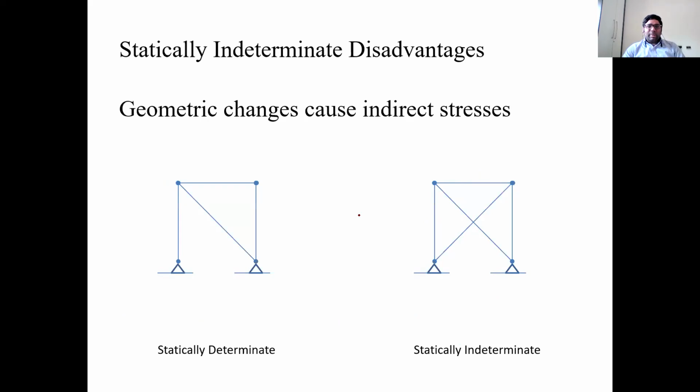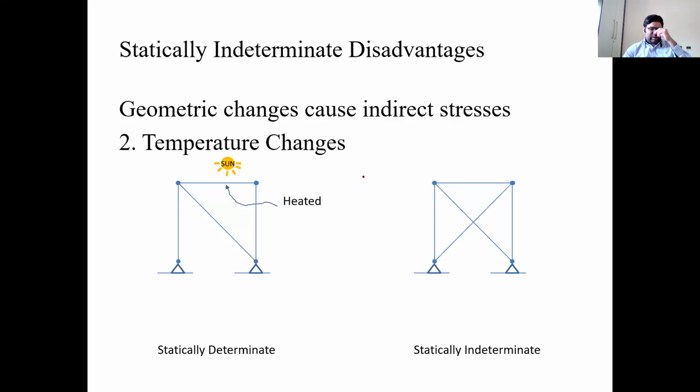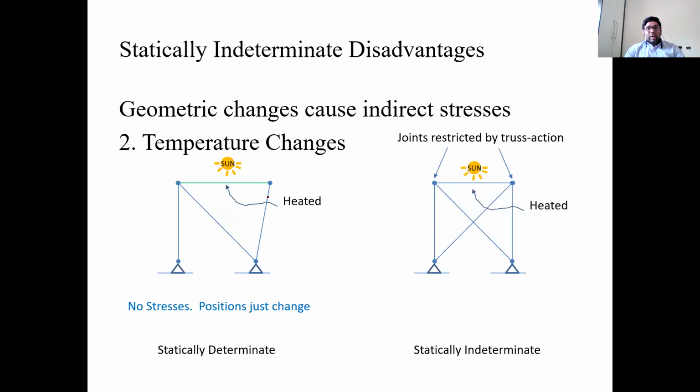Next, if there is a geometric change, that causes indirect stresses. So for example, there is a temperature change on a hot sunny day, these members are heated up pretty fast. No stresses will be developed, but the position of this member will change because of expansion and contraction.